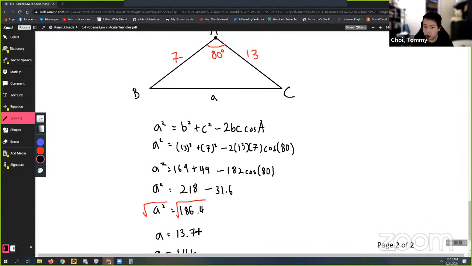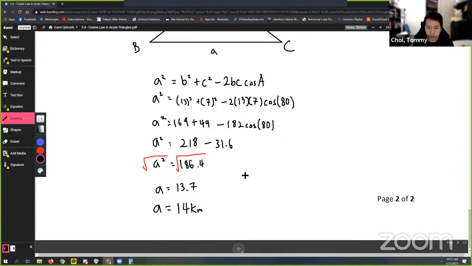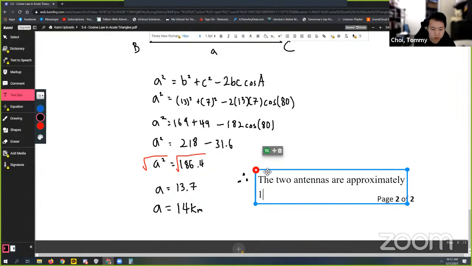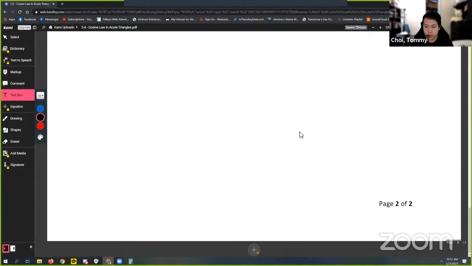Right, so it's approximately 14 kilometers. So we write our therefore statement. Therefore, the two antennas are approximately 14 kilometers apart. And there's our final answer for this.